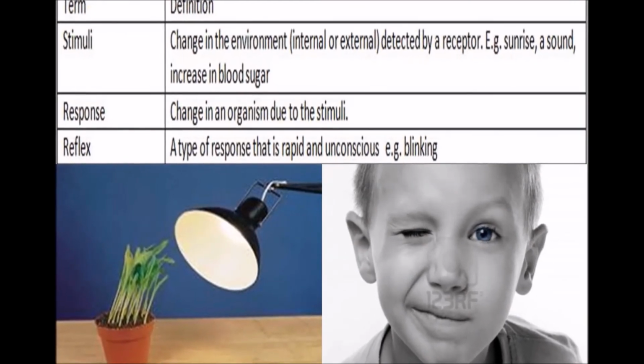Stimuli is a change in the environment, internal and external, detected by a receptor, that is sunrise, a sound, increase in blood sugar. Response, change in an organism due to the stimuli. Reflex, a type of response that is rapid and unconscious. Example, blinking.